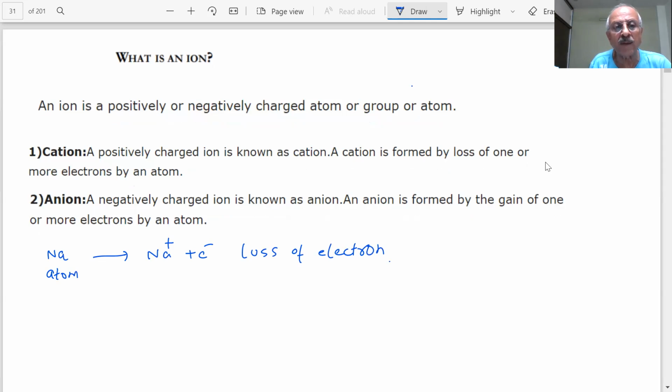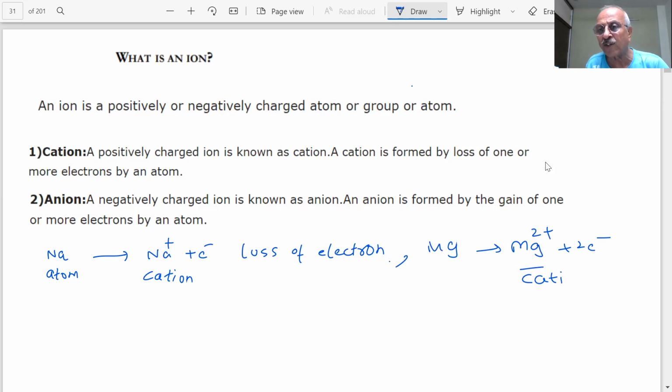What is the charge on sodium? Positive. This is a cation. Similarly, if I consider magnesium and it loses 2 electrons, how much charge is there? 2 positive. This is a cation. These are what we call ions.